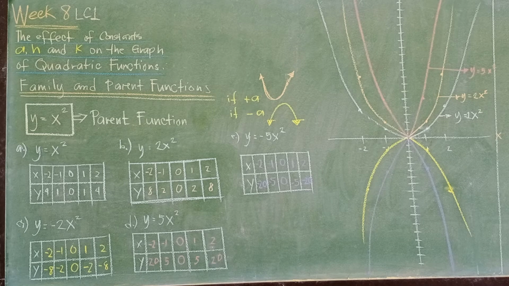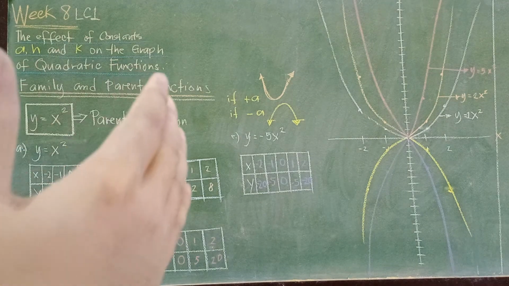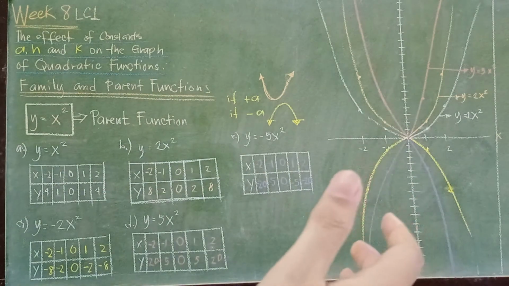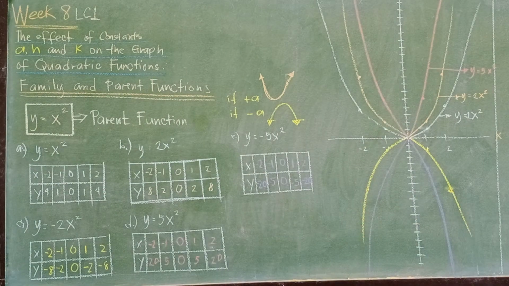Again, kapag mas mataas yung absolute value ng A, yung opening niya mas manipis. Kapag mas mababa yung absolute value ng A, nagiging mas malapad. Pag positive yung A, nag-open siya upwards. Kapag negative yung A, nag-open siya downwards. So yan yung effect kapag nagbabago yung value ng A, kung tumataas o bumababa.